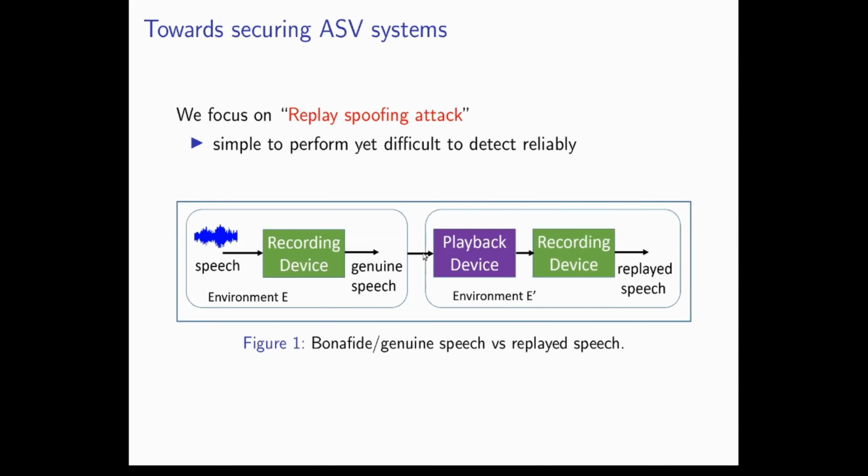All that the attacker would need to do is play back that recorded speech through some playback device, which gets recorded through the recording device of an ASV system. All this happens in some acoustic environment. The factors we are interested in for distinguishing between replayed speech and bona fide speech are the environmental factors like acoustic environment, the impact from the devices, and so on.